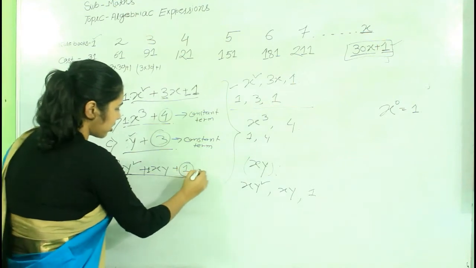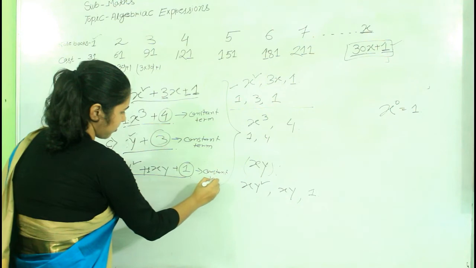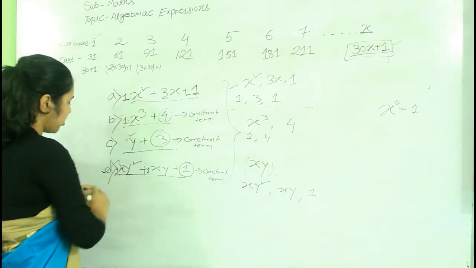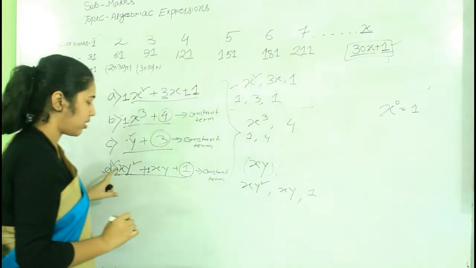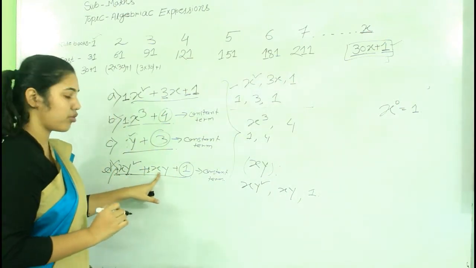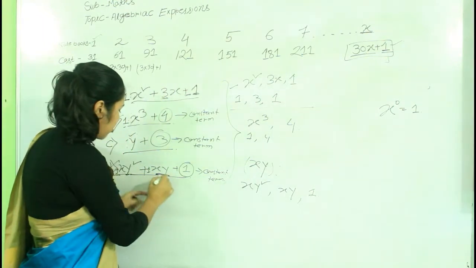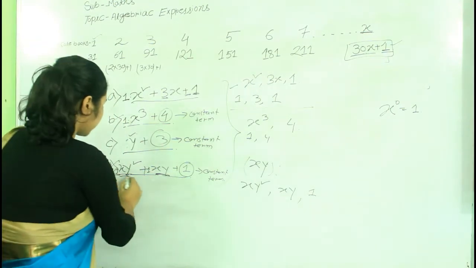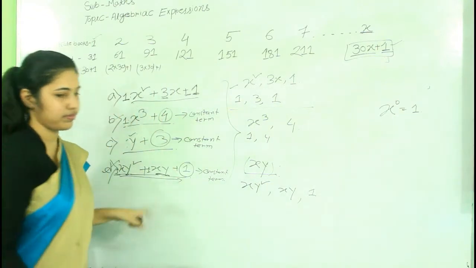Where 1 is our constant term. And here the coefficient of the first term xy square is 1 and also the coefficient of the second term, which is xy, also 1. But this is an expression where the variable is xy.